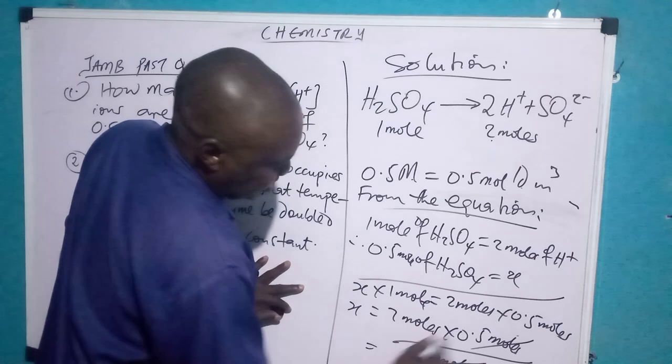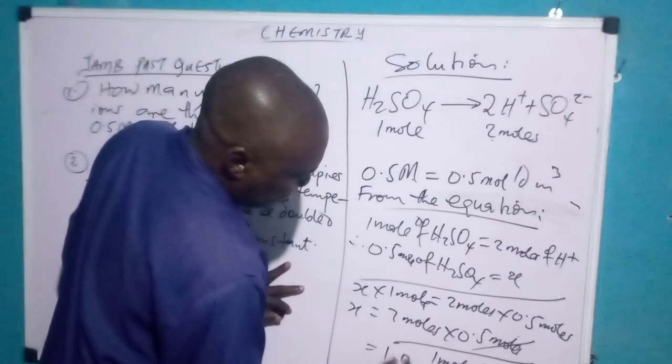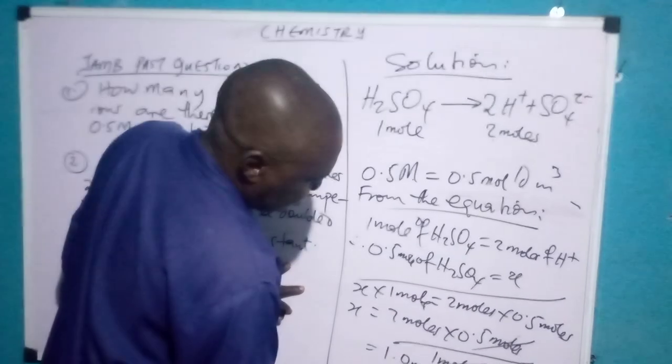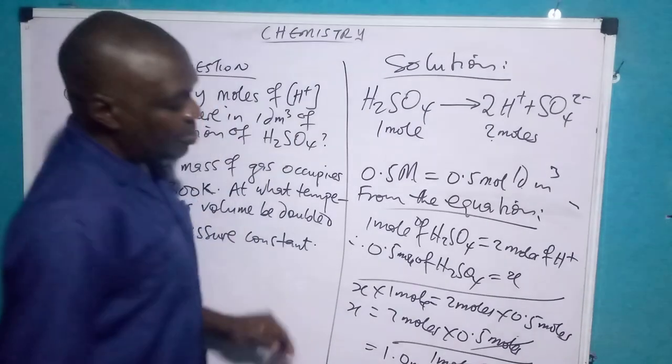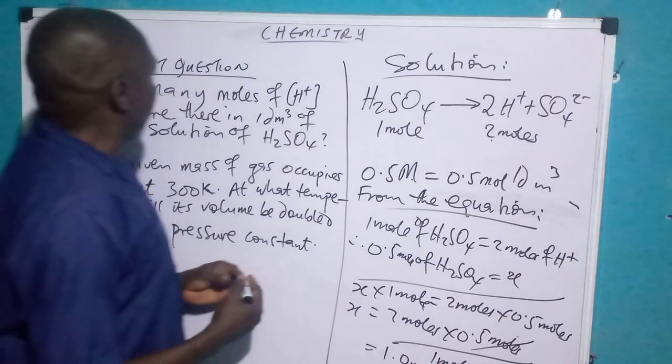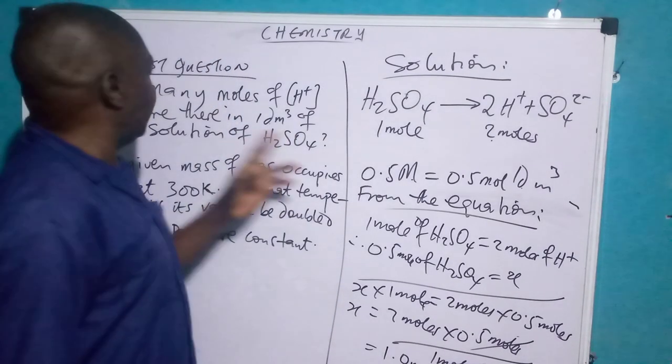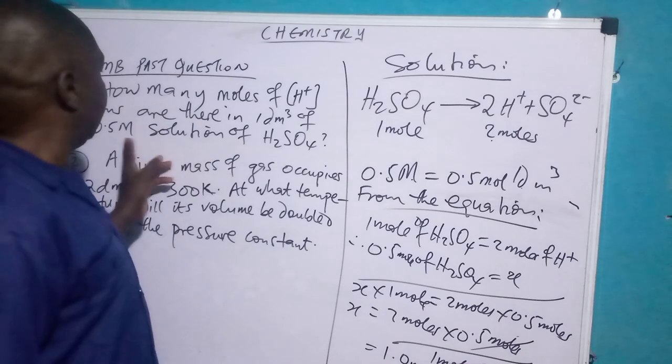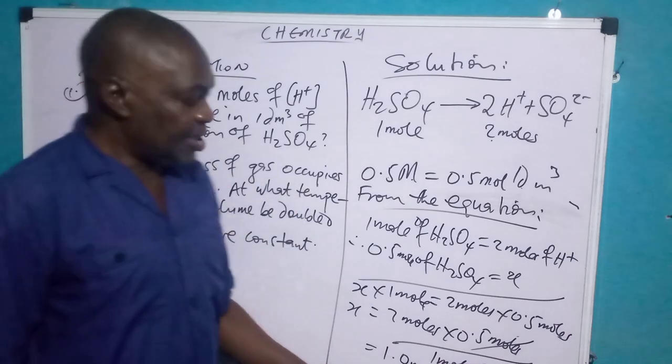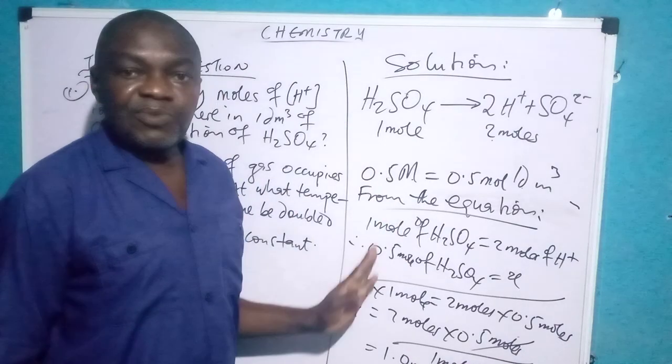You have 2 times 0.5, which is 1.0 mole. So the number of moles of hydrogen ion in 0.5 molar H2SO4 is 1.0 mole. So this is how you solve this question.